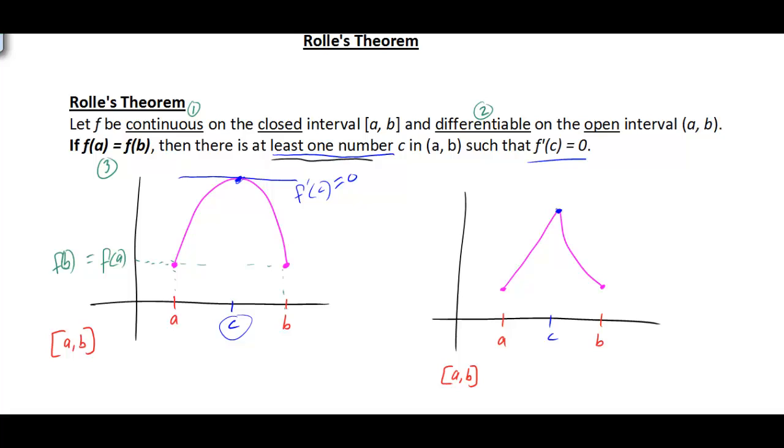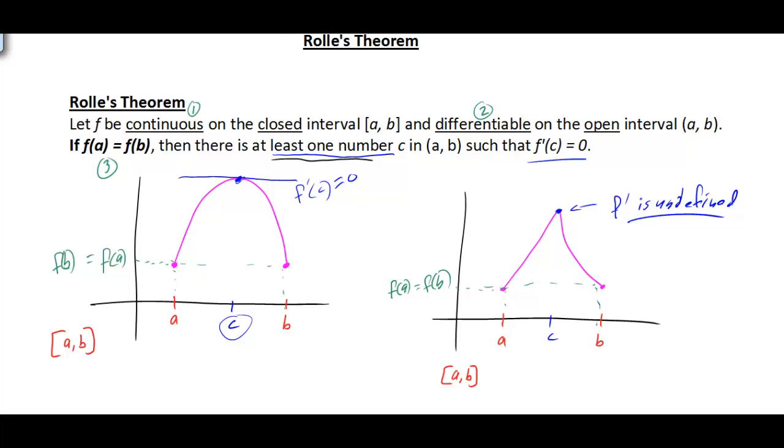Now if we look at the second graph here on the right, we have a graph that is continuous on the closed interval from a to b. Because this comes to a sharp point, we do not have a horizontal tangent line. So here, the derivative is undefined. However, if we overlook that condition with the derivative, we will realize that there is still going to be a value c within the interval from a to b, because once again, f of a equals f of b, and with this graph being continuous, we know eventually the graph has to come back down.